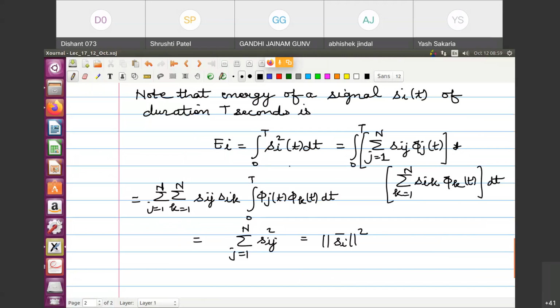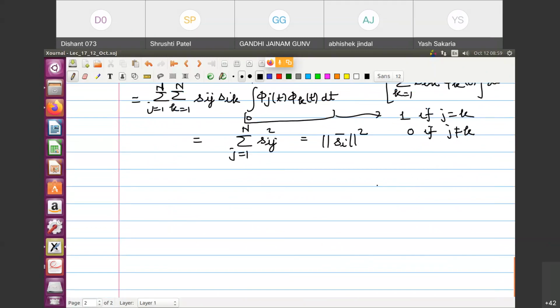We know that this integral gives an answer only if j is equal to k. It is 1 if j is equal to k, and 0 otherwise, because the functions are orthogonal as well as of unit energy. So you substitute j equal to k and you get Sij squared, and the summation is nothing but a sum over only N terms instead of double N terms. The k index isn't there.